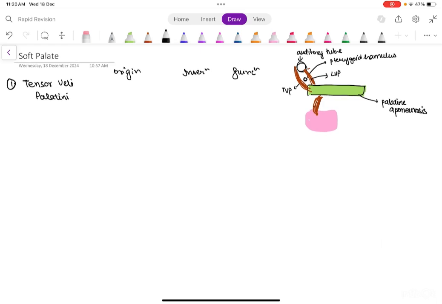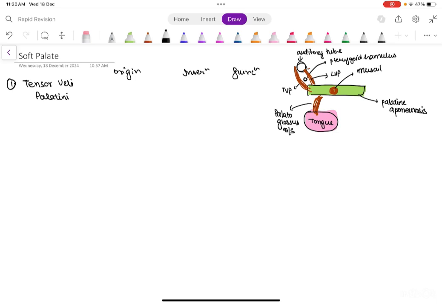So this is our tongue, and this is the palatoglossus muscle.